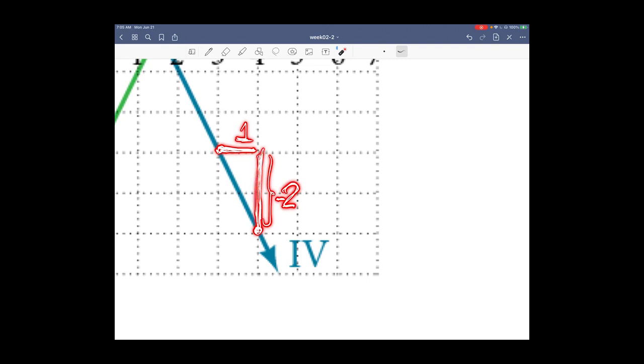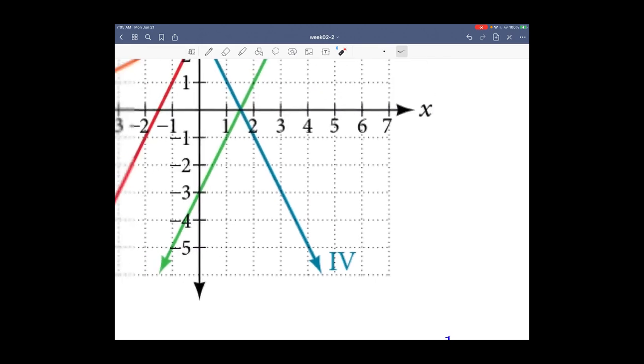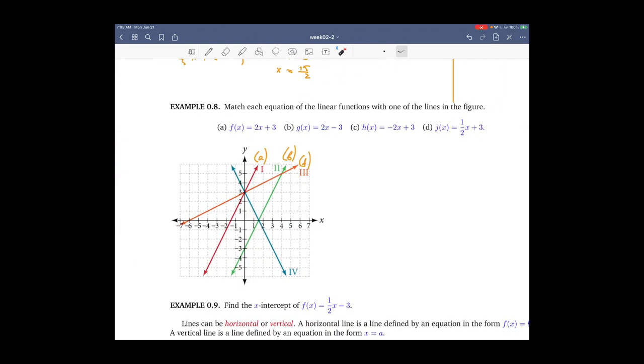So rise is negative, rise over run is -2. So that is the line -2x plus 3, which is indeed line C. All right, that finishes this example.